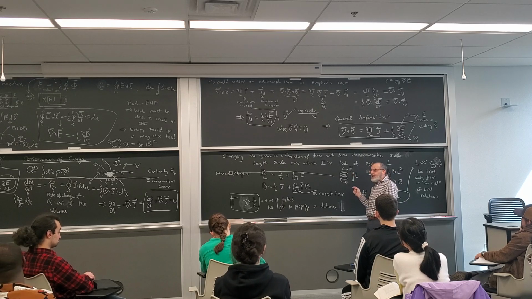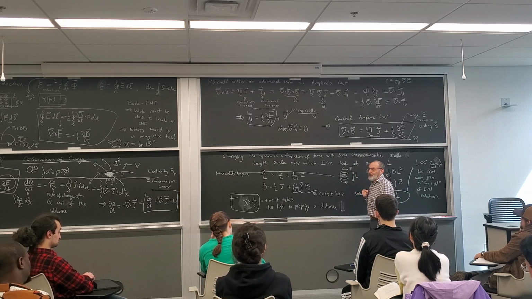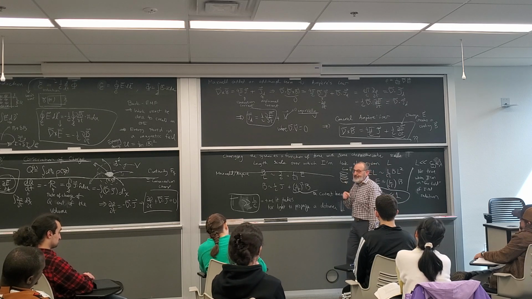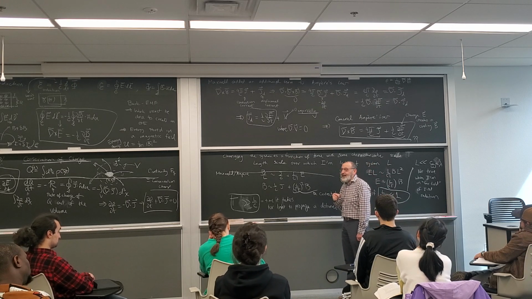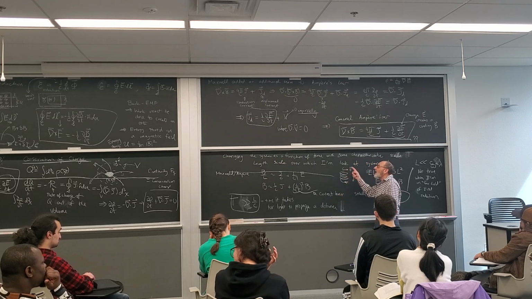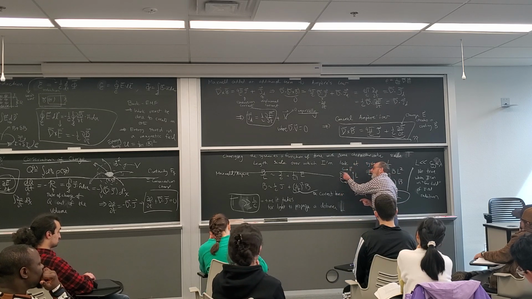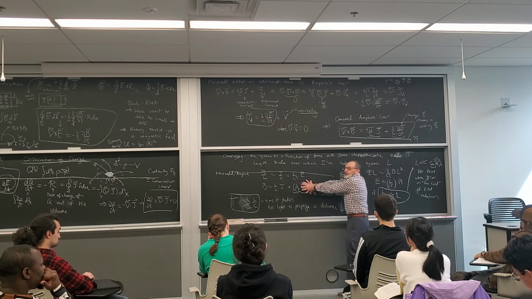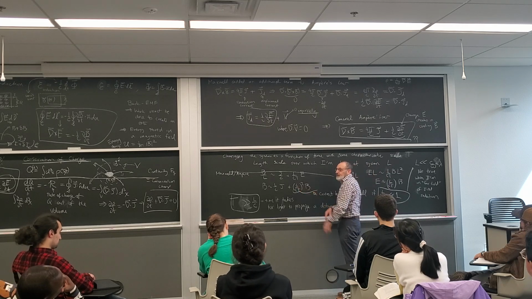And that changing magnetic field will cause a displacement current, because a displacement current is a changing electric field. But I can ignore that and get an excellent approximation to what the B field is by just using Ampere's law without the displacement current. Okay, so.